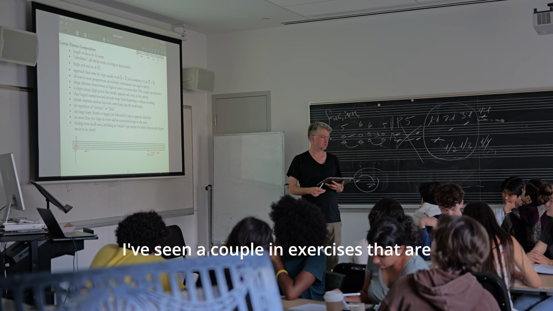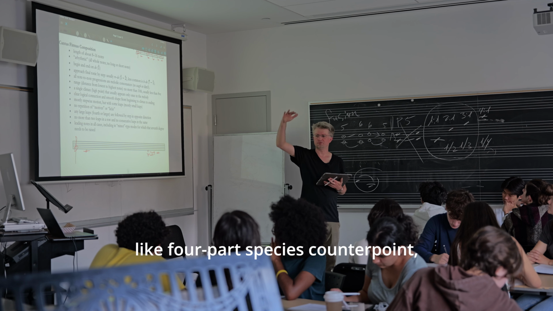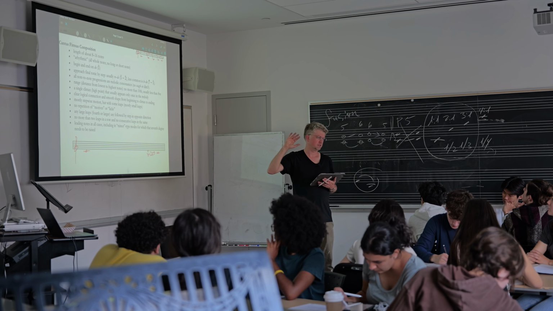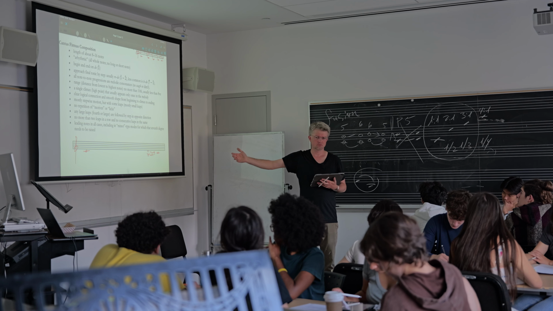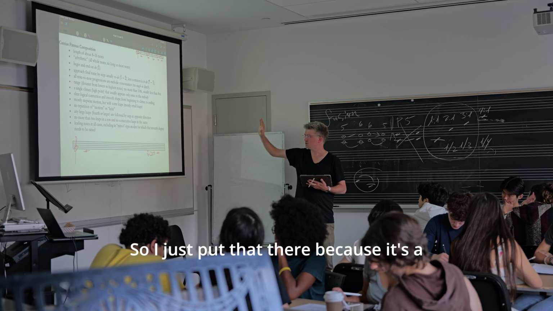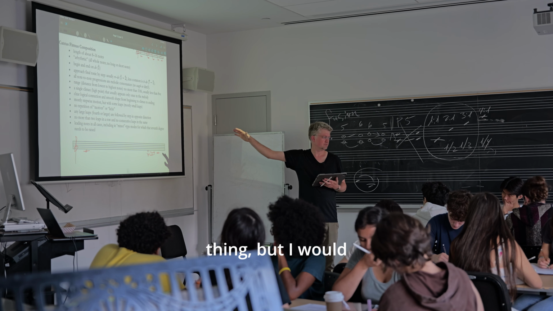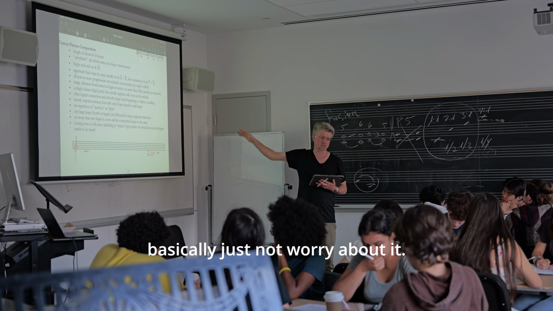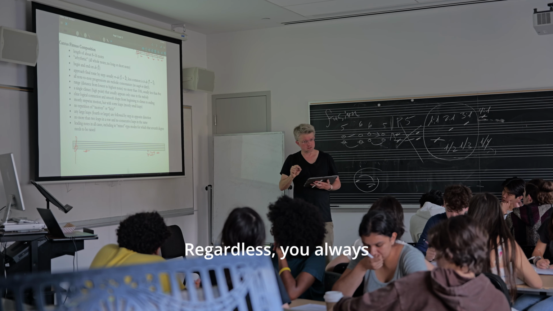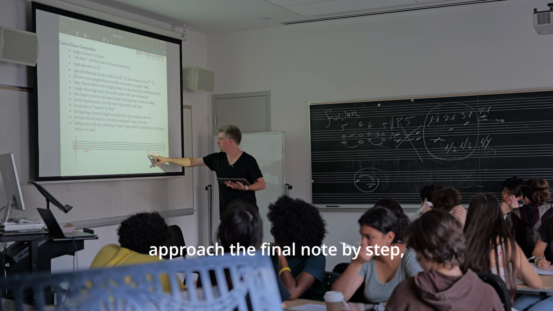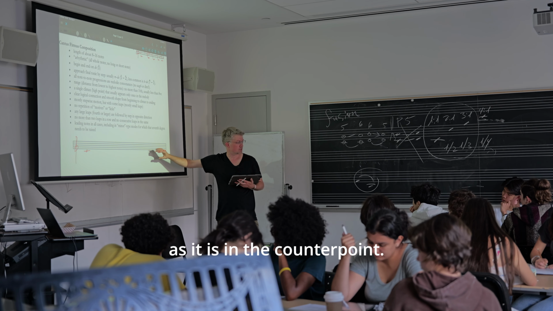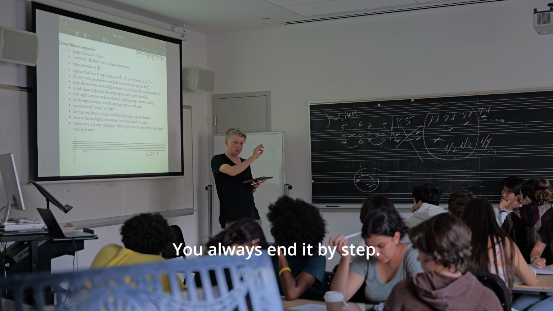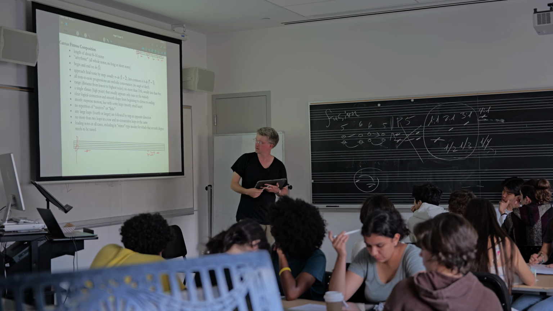I've seen a couple in exercises that are like 4-part species counterpoint, but rarely in the 2-part stuff, or almost never. So I just put that there because it's a thing, but I would basically just not worry about it. Regardless, you always approach the final note by step. And this is the same in the cantus firmus as it is in the counterpoint. You always end it by step.